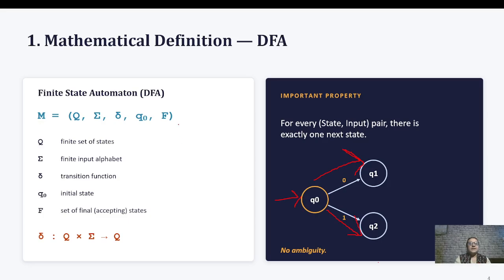Here the final state is not clear, because if it is a final state, then you will have a double circle, that is the concentric circle. Here we are just showing you the transition from one state to another state depending on the input symbol.